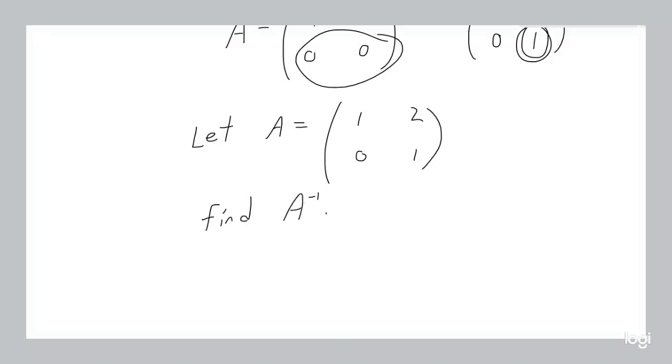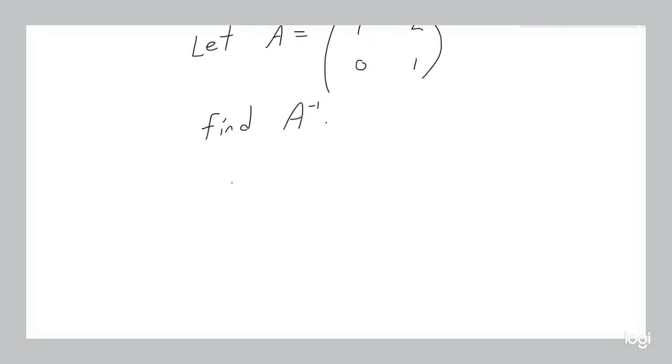Okay, so for example, let's let A equal 1, 2, 0, 1. Okay, and we want to find the inverse for this. Okay, so we want to find a matrix that if you multiply it by A, you're going to get the identity matrix. And there's different ways to do this.